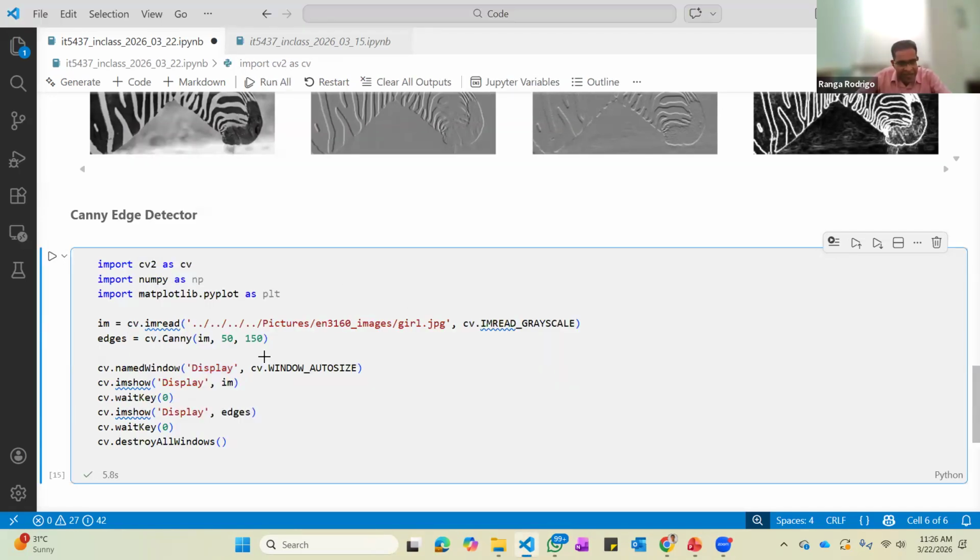But I did not explain these two thresholds. I will explain those thresholds with another piece of code. Maybe you can try it out. I will give you a second. Please try it out. You'll be very happy.